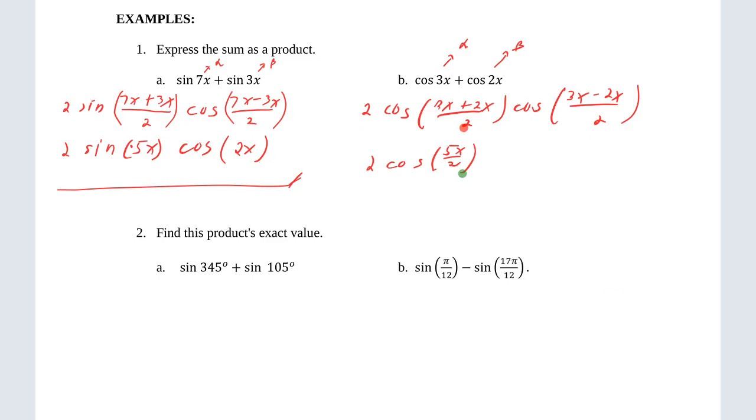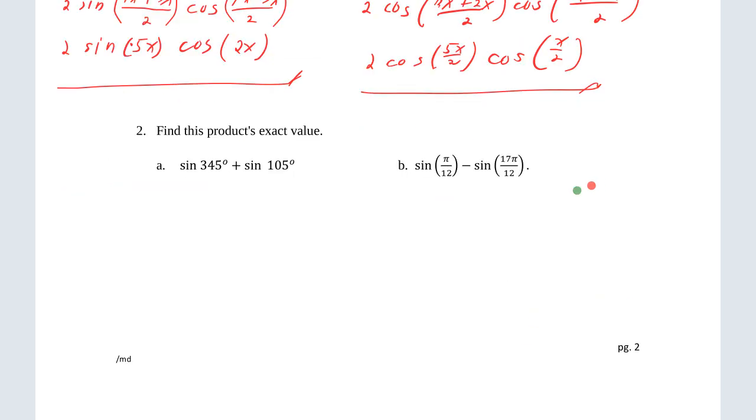Next factor, we have 3x minus 2x divided by 2, so that's going to be x over 2. Now we see here a statement which has an operation which is a multiplication. So there you go.